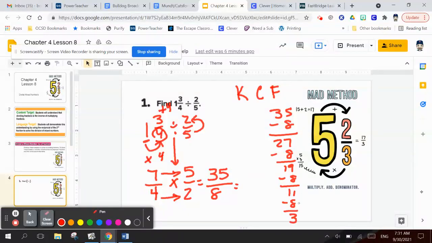So how many groups of 8 did I take out? 1, 2, 3, 4. What's left? 3. What am I subtracting? 8. So 4 3/8.